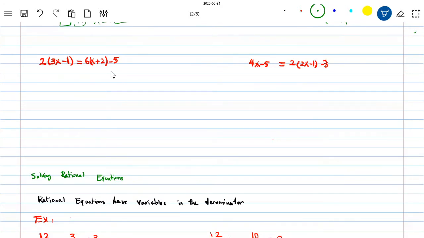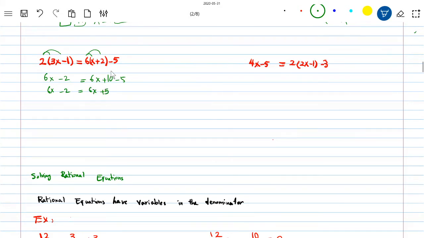So let's try these examples. Start with simplifying. 2 times that, 2 times this, 6 times that, 6 times this. What we get is x minus 2 on the left side. On the right side, I get 6x plus 10 minus 5, and simplify a bit more: 6x plus 5.